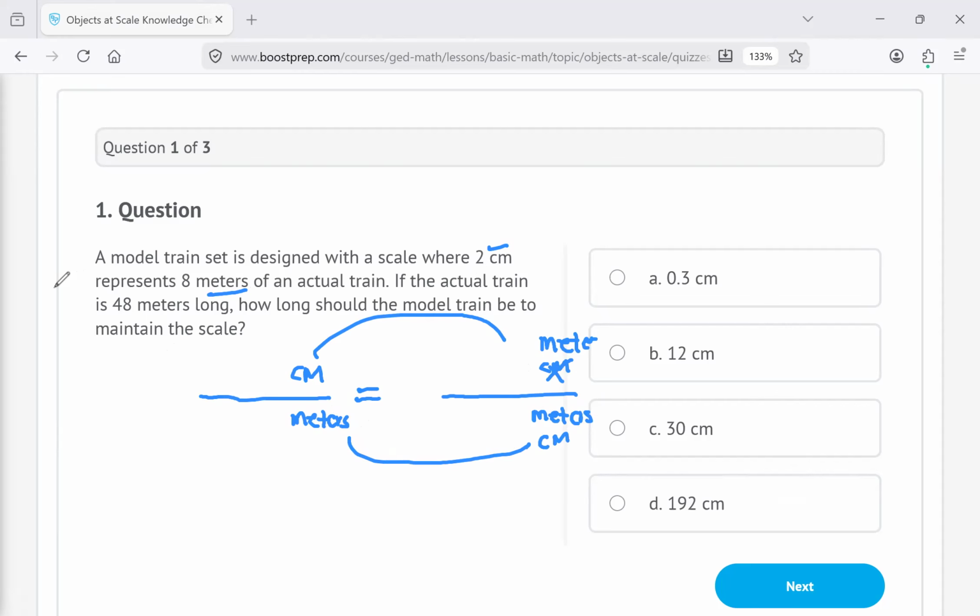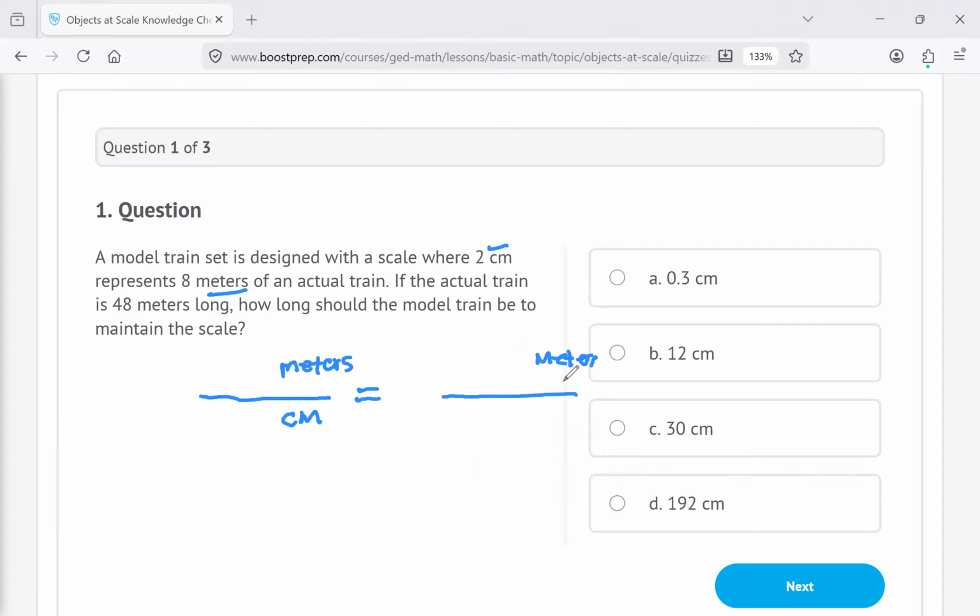You could have also put meters on the top and centimeters on the bottom, and then the other side has to match. It's really up to you. But because I already did this in my notes, I'm going to put centimeters on the top and meters on the bottom.